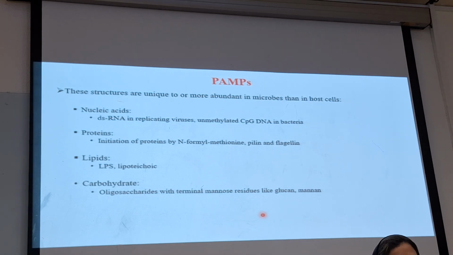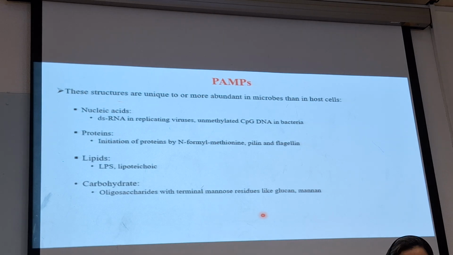We have a lot of proteins and a lot of nucleic acids, so why don't the PAM recognition receptors in our innate immune system recognize our self structures, and only recognize these structures on pathogens?